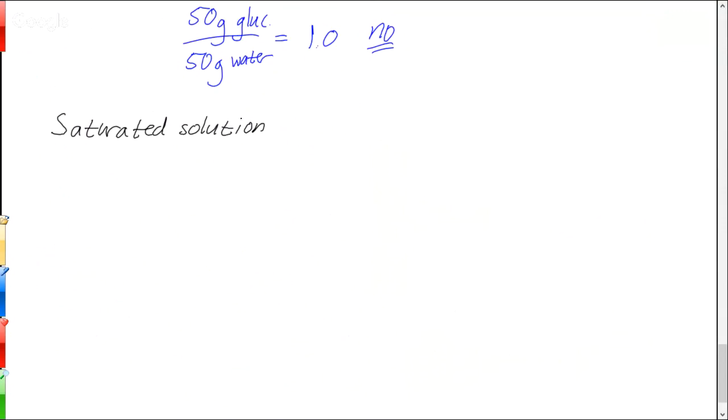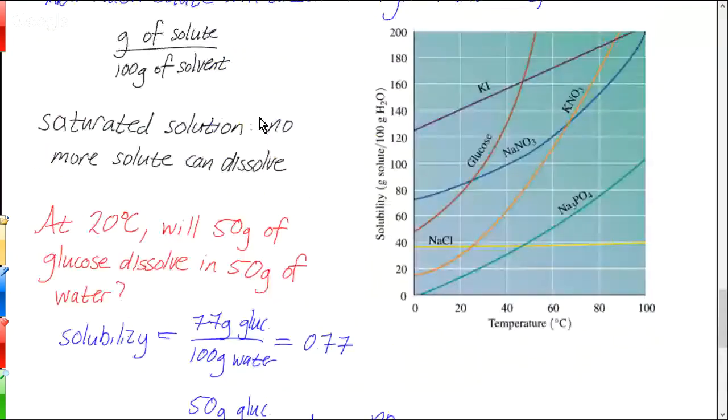If you wanted to make a saturated solution, why can't you just look at the graph and say, okay, it's 20 something degrees in here, I'm just going to get that much glucose, 82 grams of glucose, dissolve it in 100 grams of water, and I've got a saturated solution?